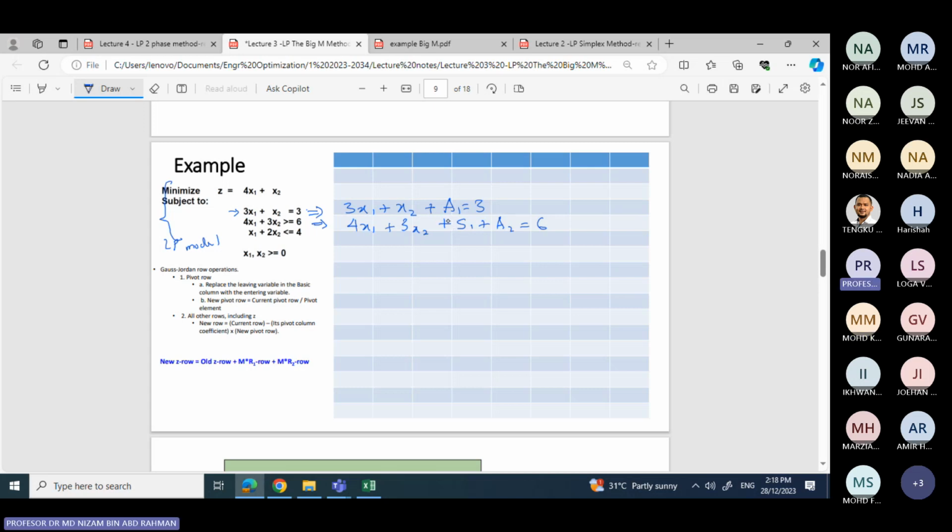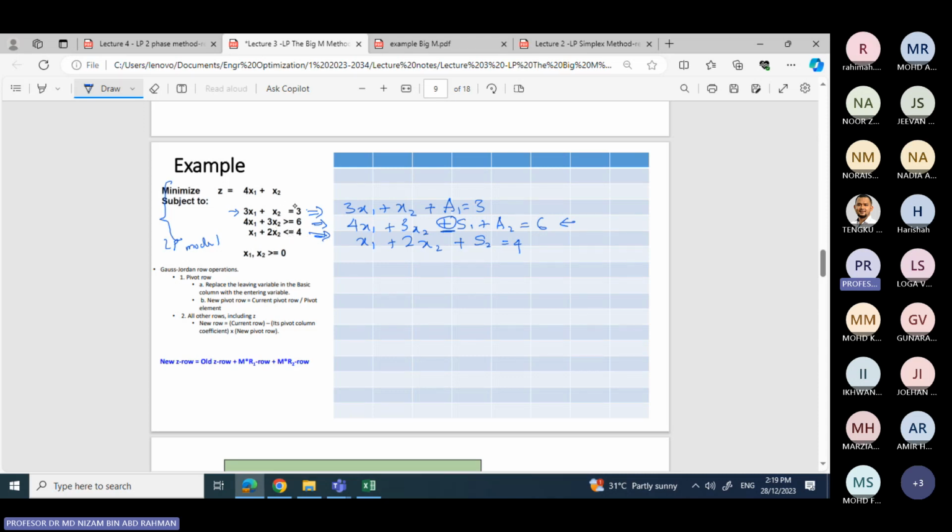Anything wrong with this equation? Oh, minus S1. Yes, this should be minus S1, plus A2, equals 6. And the last one should be x1 plus 2x2 plus S2 equals 4, because this is less than or equal to, right?